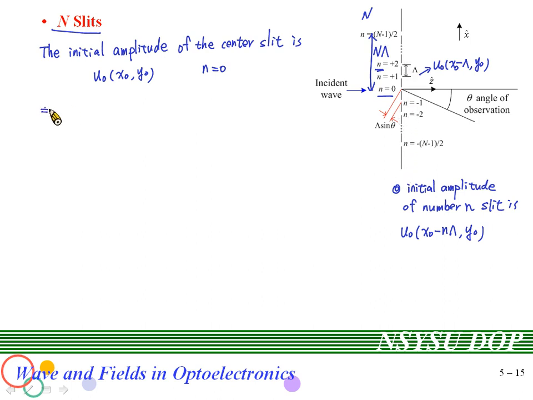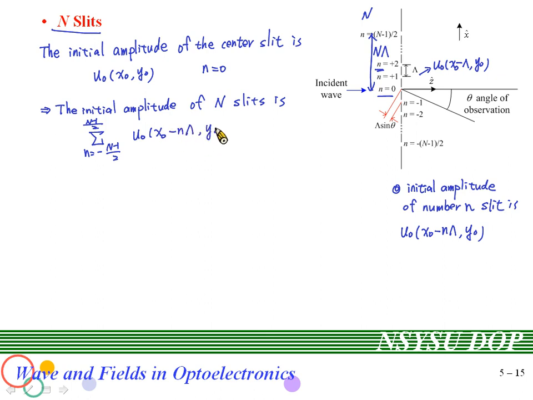So we can say that the initial amplitude of capital N slits can be written as the summation of each slit.